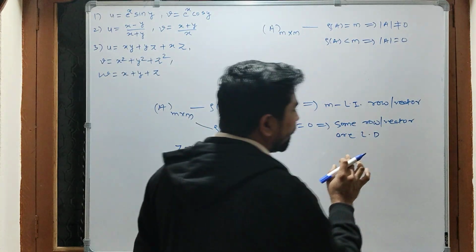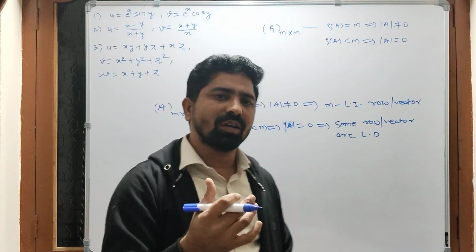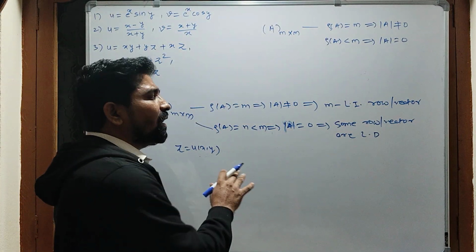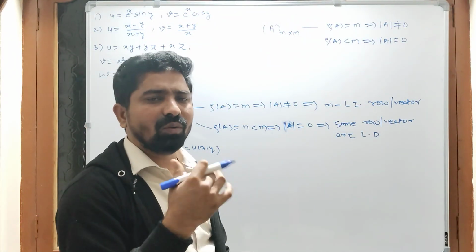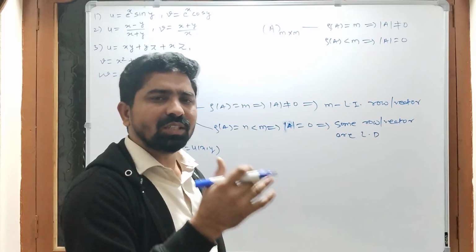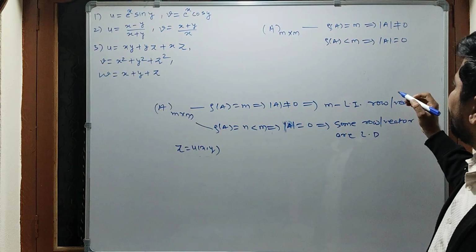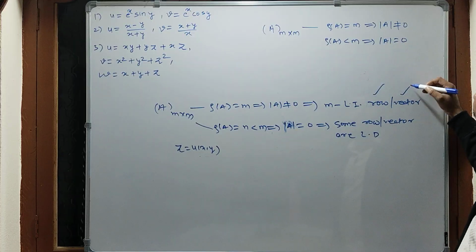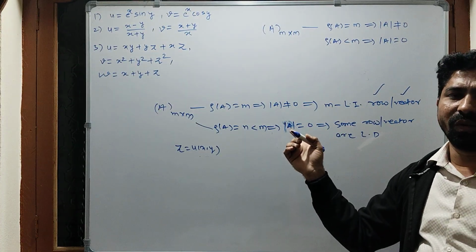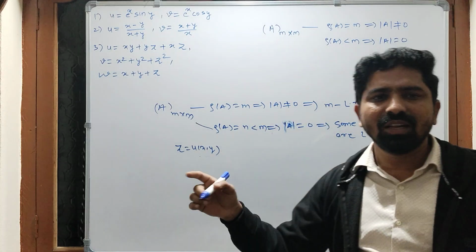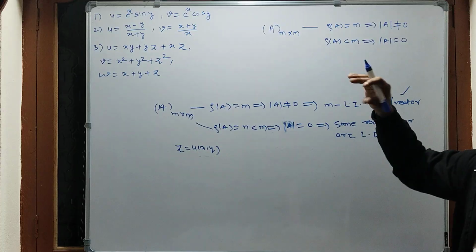If vectors are linearly dependent, then one vector is a multiple of another vector. In the same way, if the functional is dependent, then one function is a multiple of another function. If rows or vectors are linearly independent, then no vector is a multiple of another vector. So if the functional is linearly independent, no function is a multiple of another function.